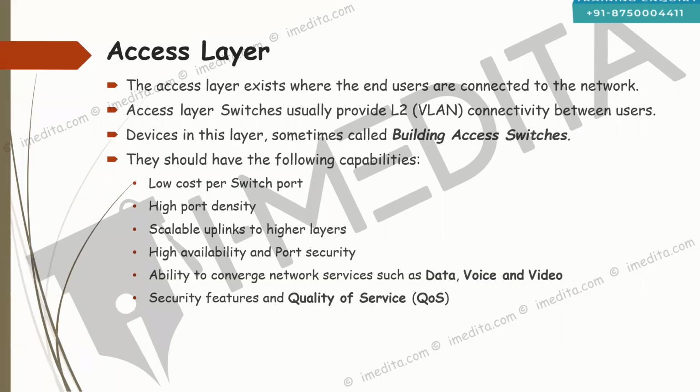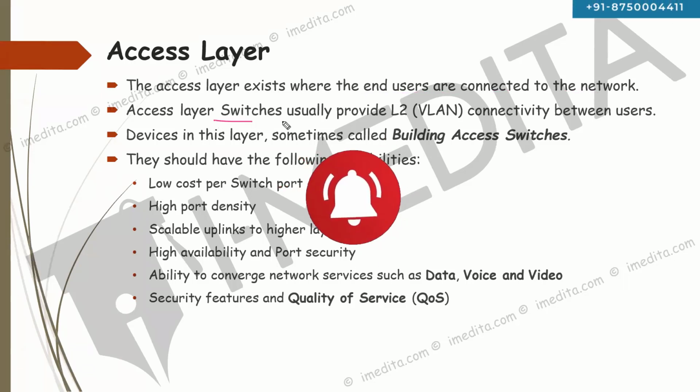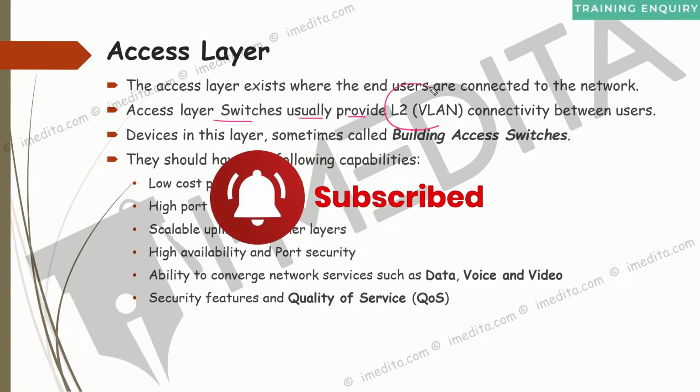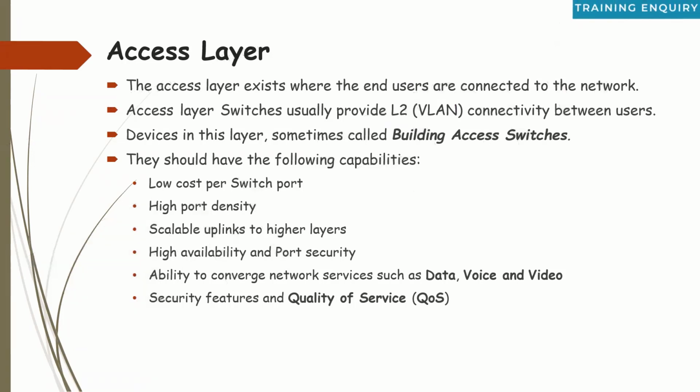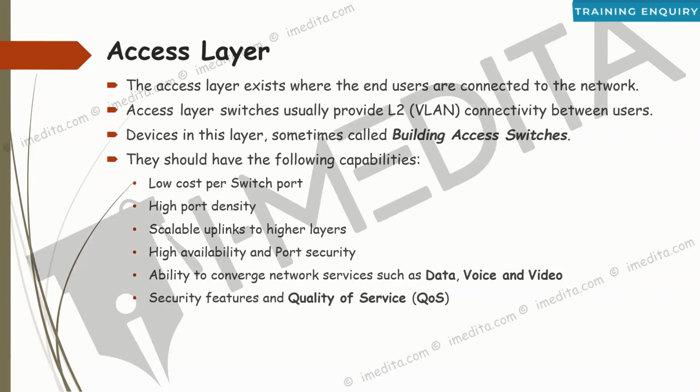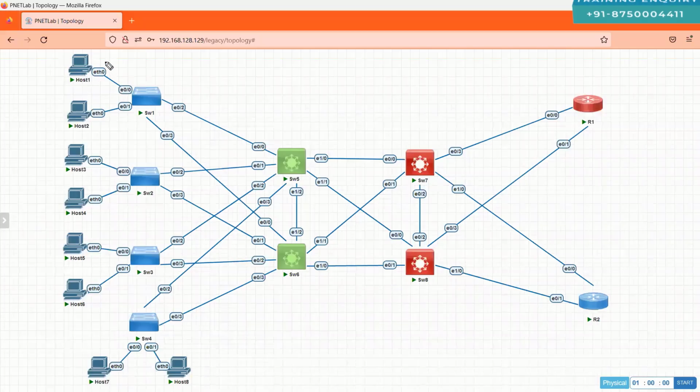Access layer exists where the end users are connected to the network. Access layer switches usually provide layer 2 connectivity between the users. So on the access layer, VLANs exist. On the access layer switches, we are going to configure the VLANs, and we are going to put these users in a particular VLAN.